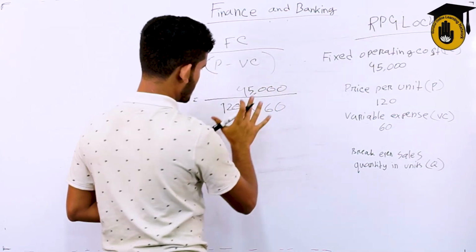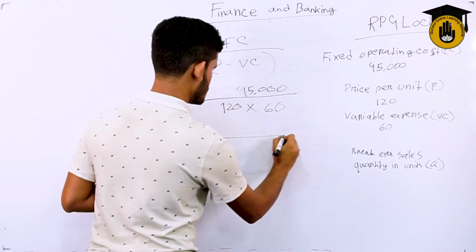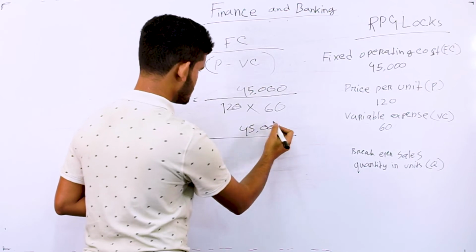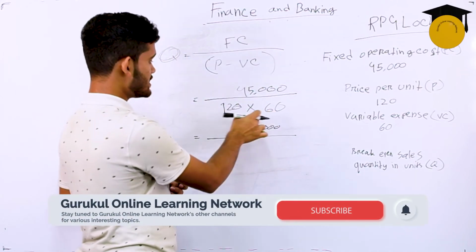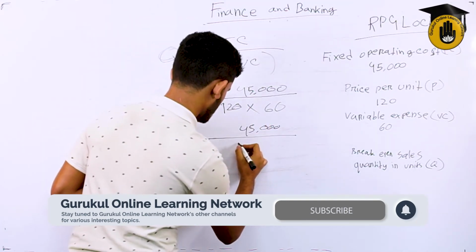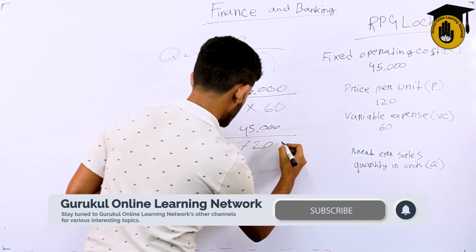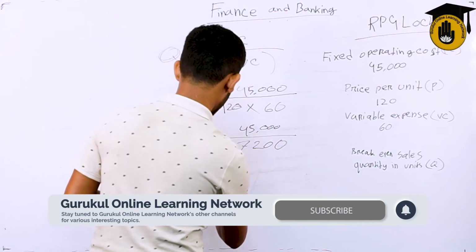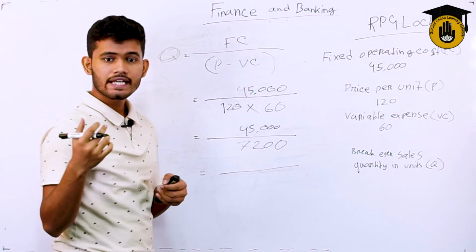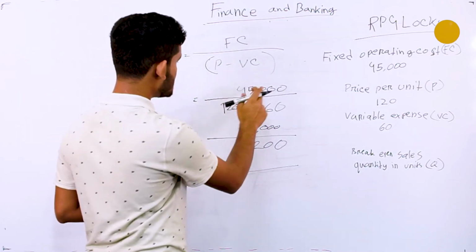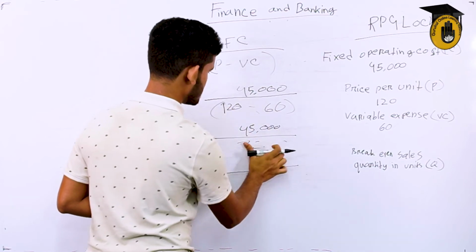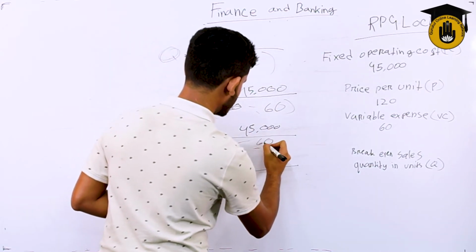So let's take a look at the math. We'll take 45,000 divided by 120 minus 60. 120 minus 60 gives us 60.